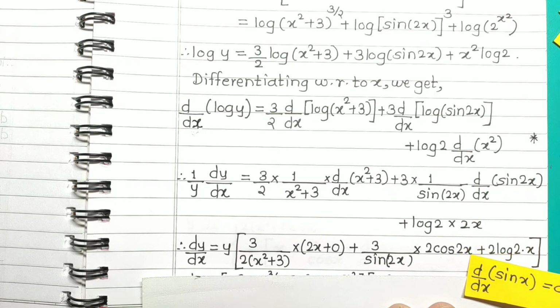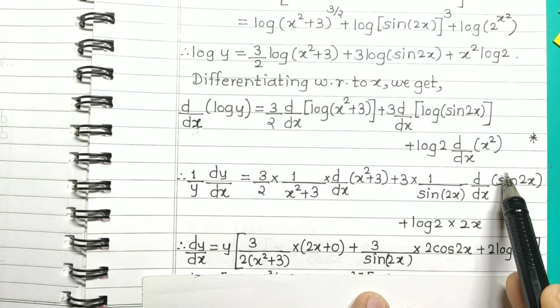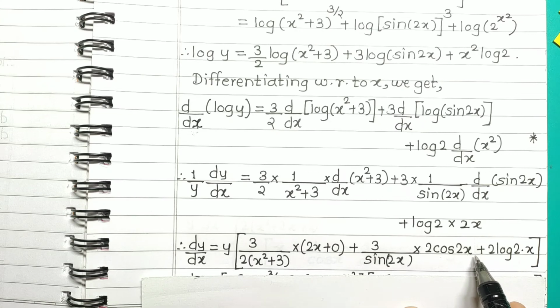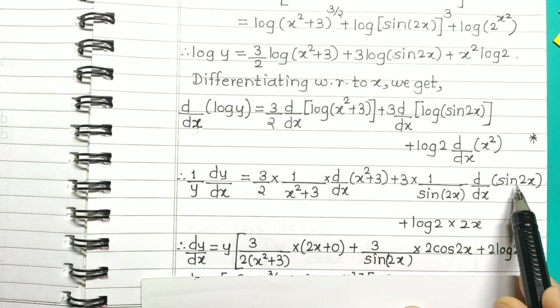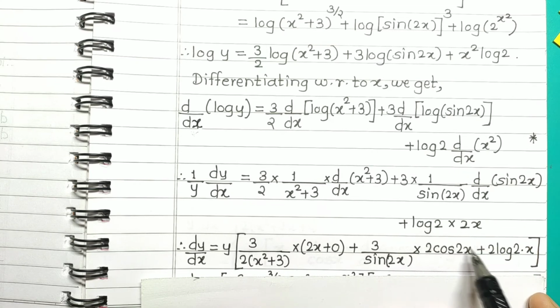Something is 2x and the derivative of 2x is 2. So totally the derivative of sine 2x is 2 into cos 2x. You note it properly. I have written this derivative quite directly here. Okay, and the last term is this 2 into log 2 into x.